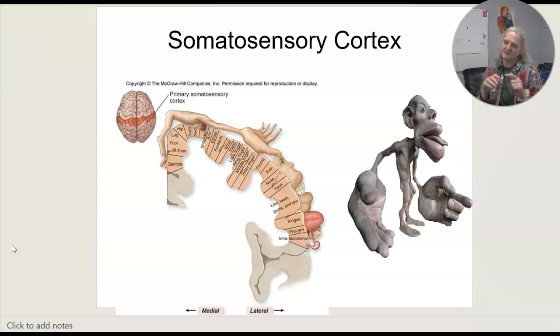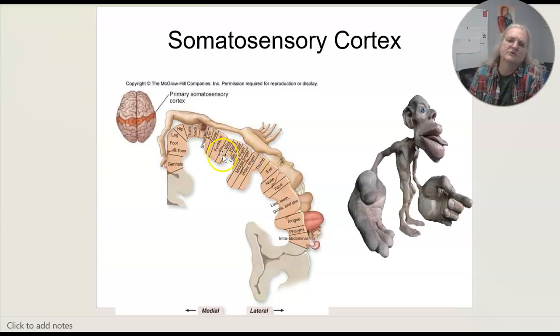And what homunculus is intended to illustrate is if our senses were proportionate to our body size, this is what we would look like. We would have very large hands because there's a lot of space in our brain dedicated to receiving information from that part of our body.